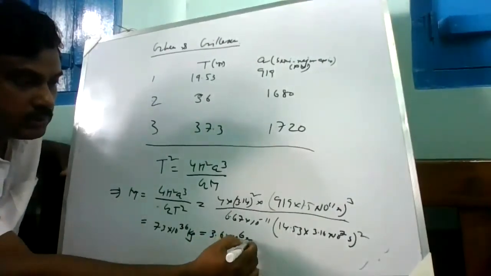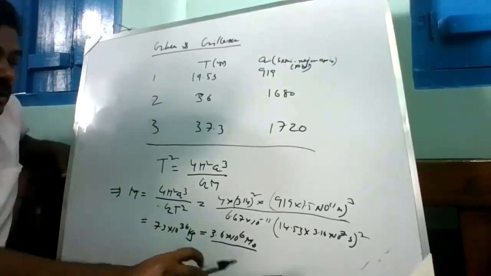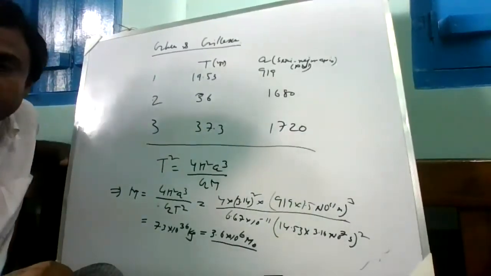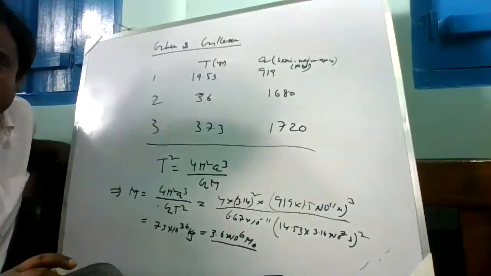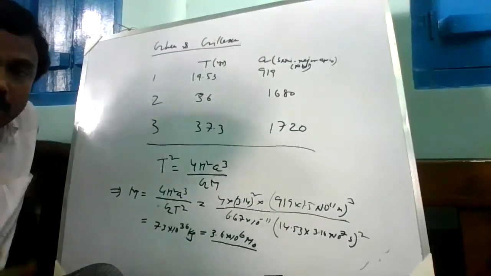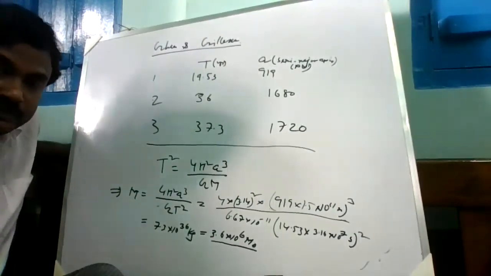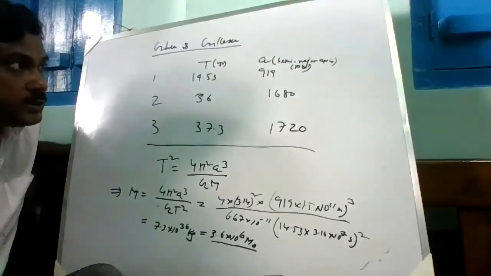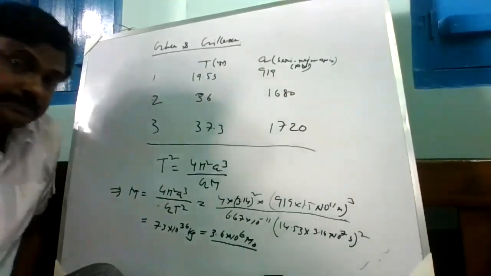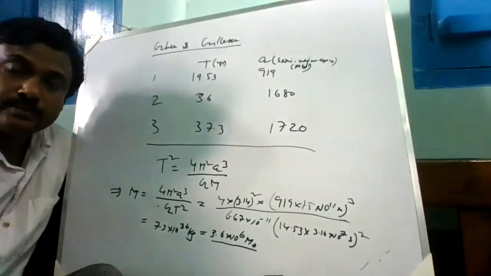Which in terms of solar mass is 3.6 into 10 to the power 6 solar masses. That means 3.6 million times the mass of the object about which the stars in the galactic center, within a very small radius, are revolving.